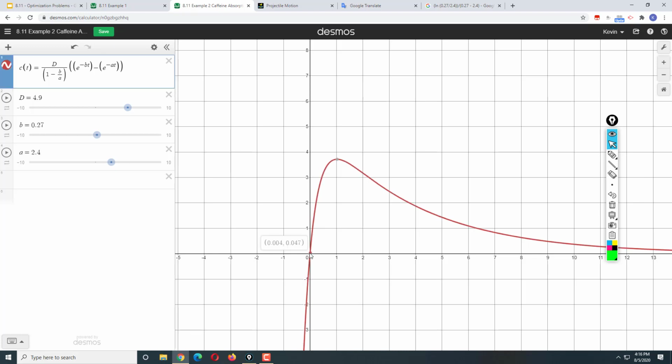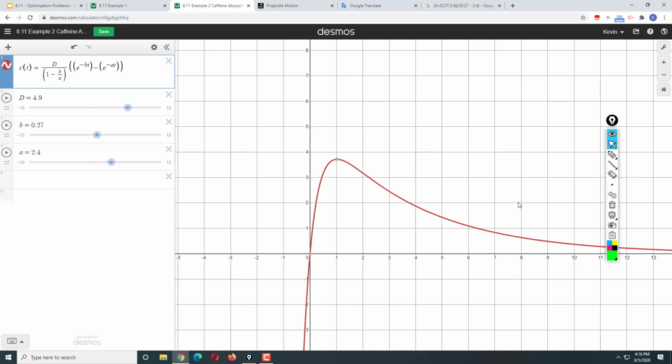That makes a lot of sense. At the beginning, there's no caffeine in your body. After about 1.026 hours, about 1 hour, you are the most awake. After that, caffeine gradually goes away. After about 4 hours, you have about half as much caffeine as before, and this goes away.